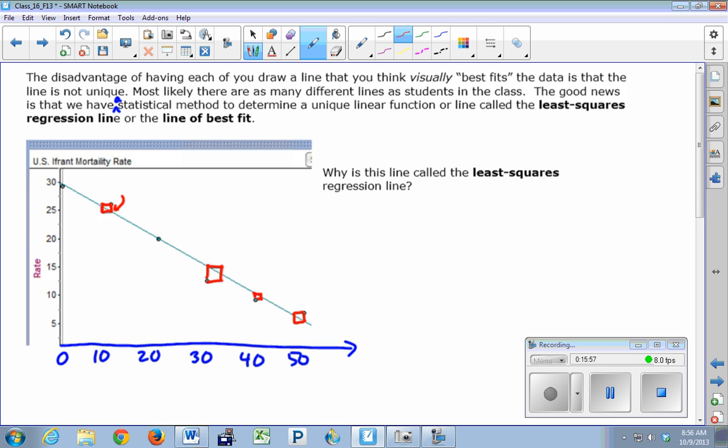So the sum of all these squared areas for this particular line, just in case you want to know, is 10.89. So there's no other line that will make an area smaller than that when you add up the areas for all the squares. And that's how they form the least squares regression line. Now, you don't really need to know all that, but that's the theory behind it. That's the statistical theory. Okay, so that's why it's called the least squares line.